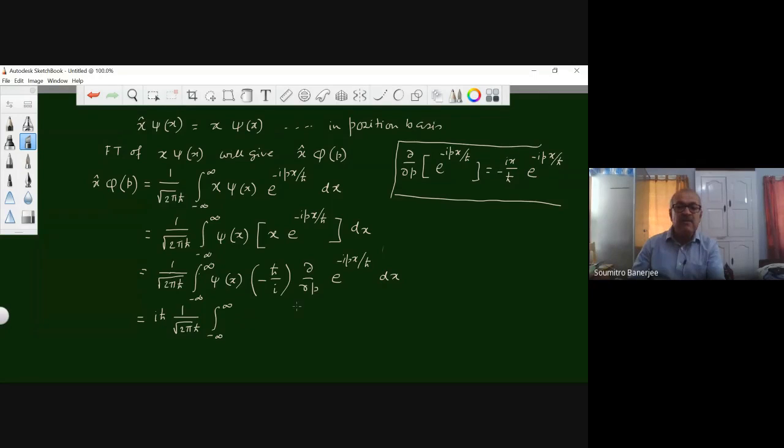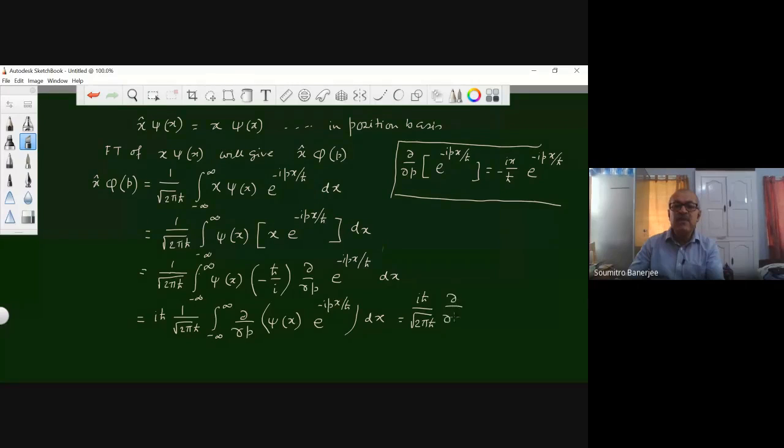Now, since psi(x) is not dependent on p, I can put it inside: del p of psi(x) times e to the power minus i p x by h cross, this whole thing, okay, is equal to, now I can see i h cross by root over 2 pi h cross from here, and then I can exchange the positions of the integration and differentiation.